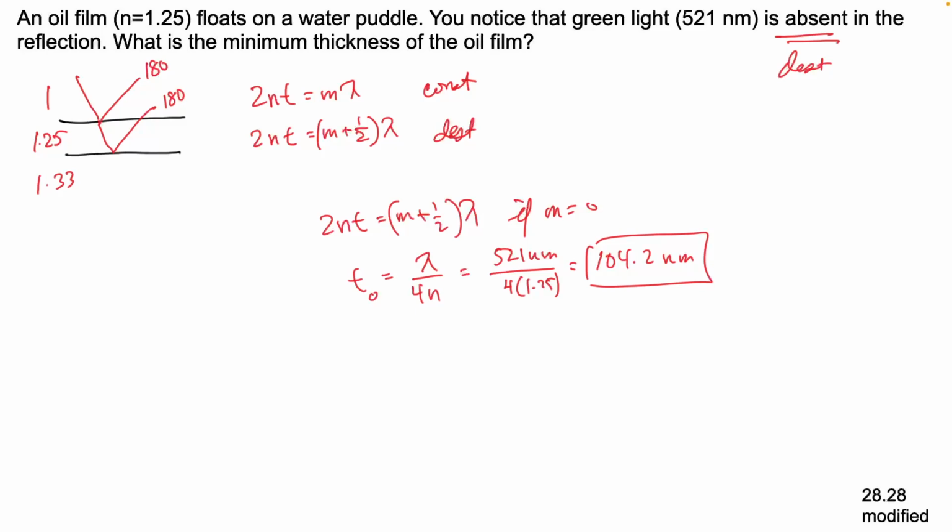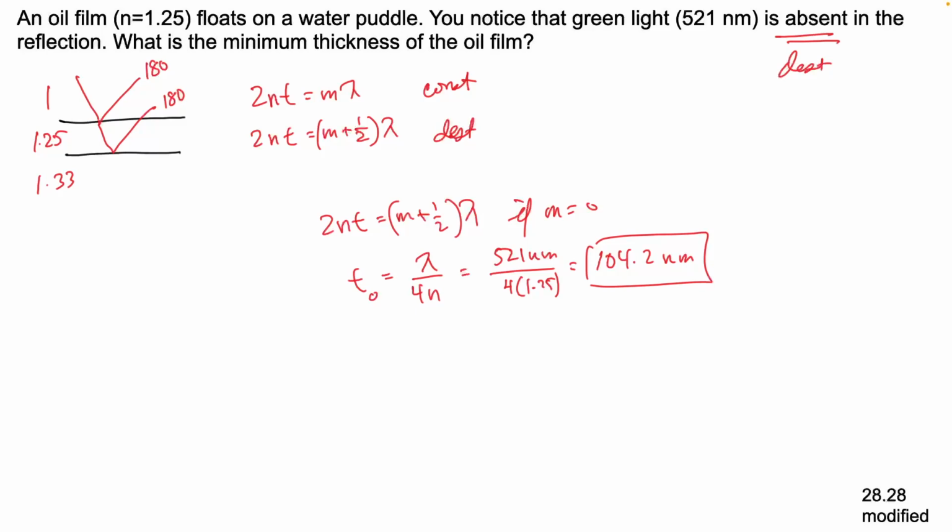Yes? If we're talking about the second refraction, how come we use the lambda when it was in the air, and the n when it's the oil? Because the wavelength changes in the film, we use the index of the film in our derivation.